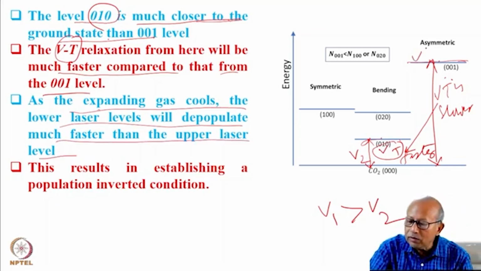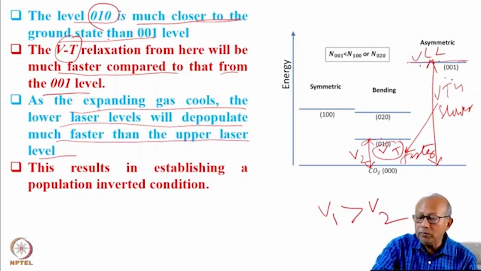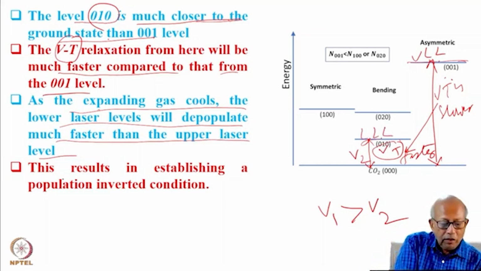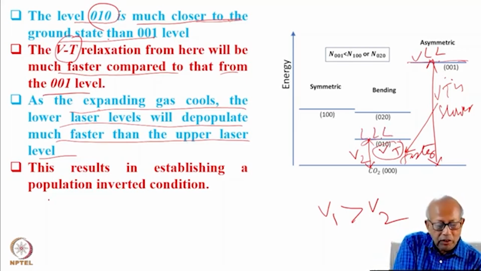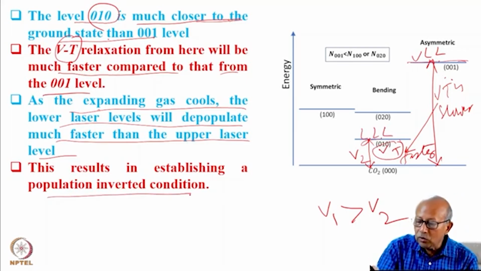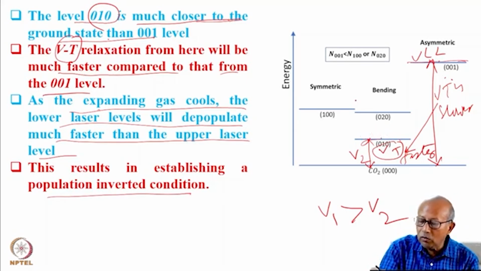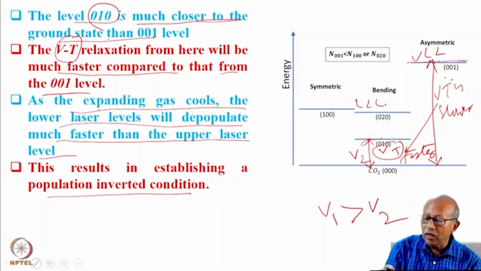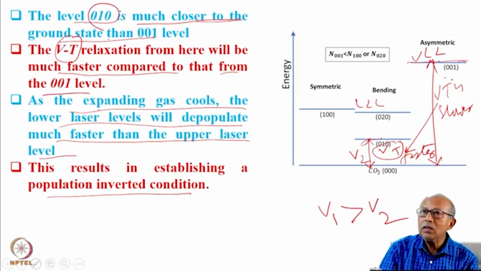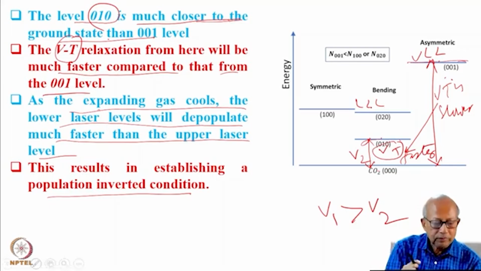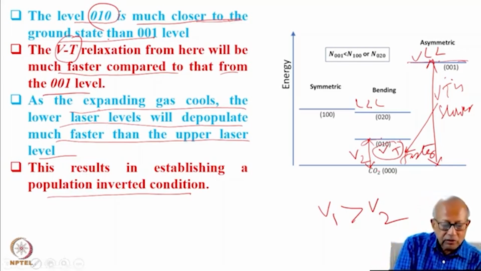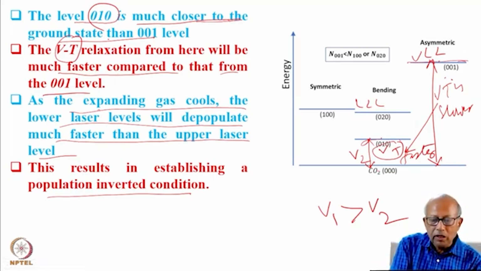This is the upper laser level. This depopulates at a slower rate than the lower level. So this is the lower laser level, and if this relaxes faster, this results in establishing a population inversion condition.